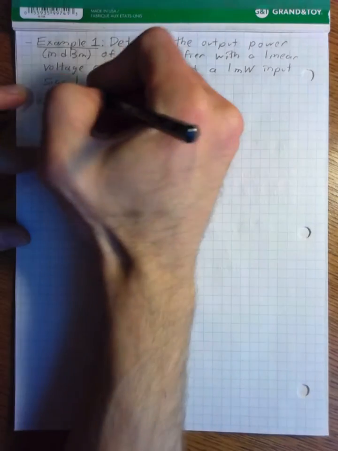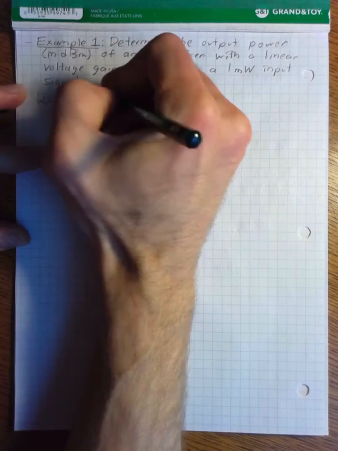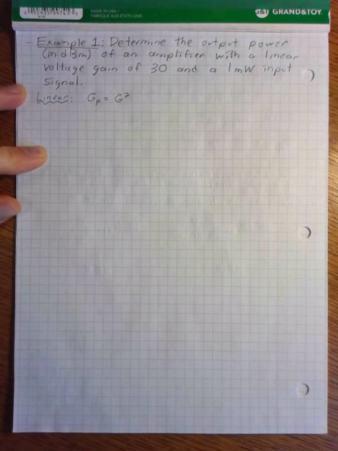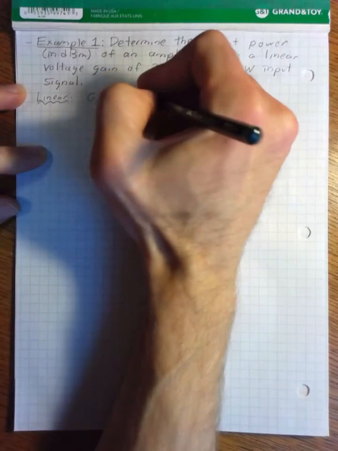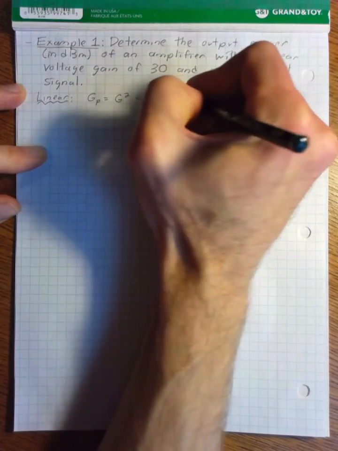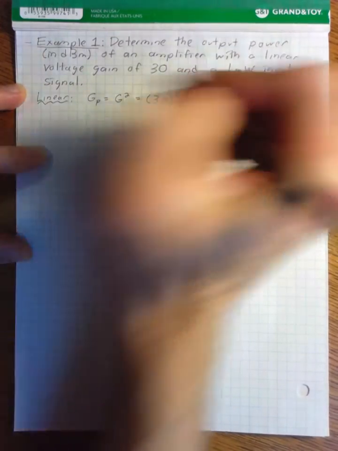So we know that our power gain is equal to the square of our voltage gain, and we know that our voltage gain is 30. So our power gain is 30 squared, or 900.